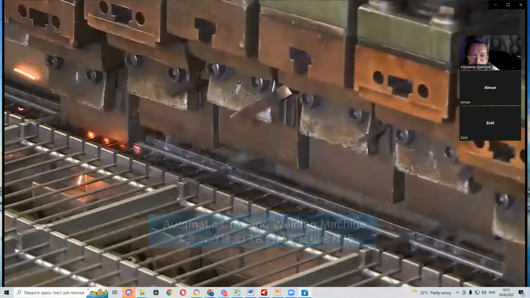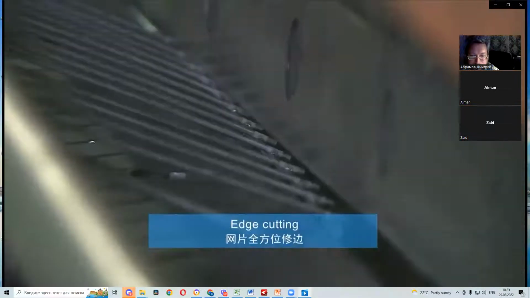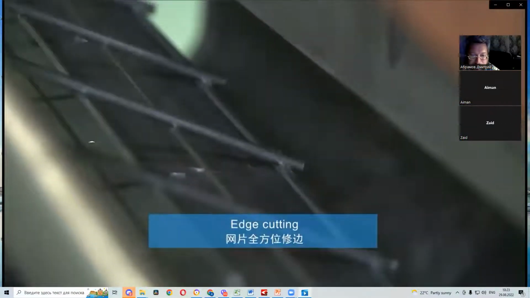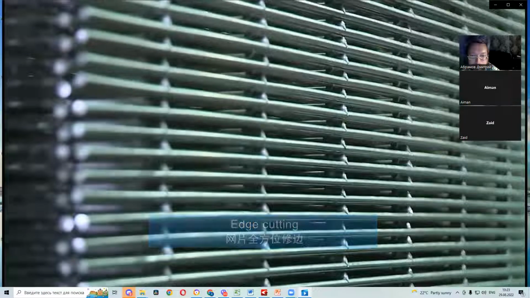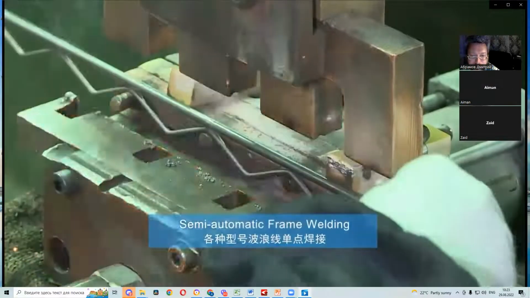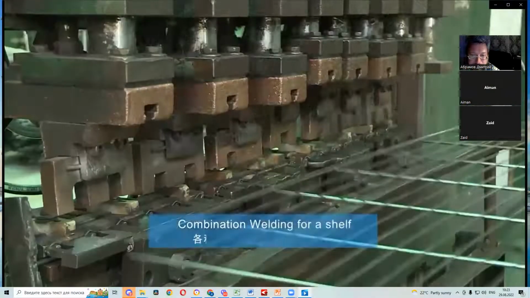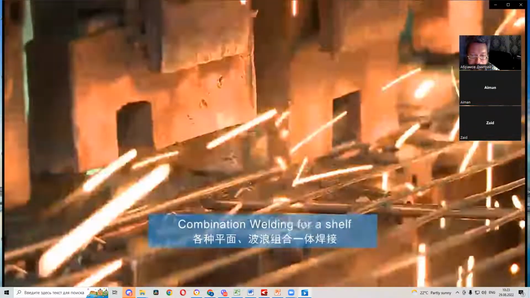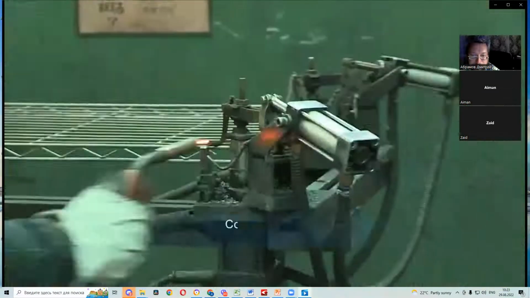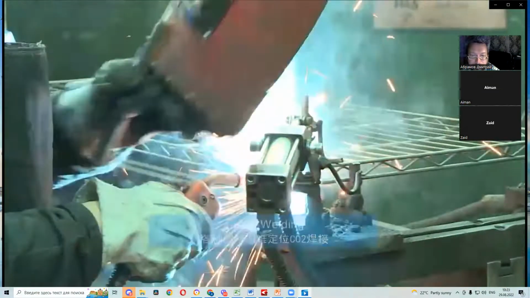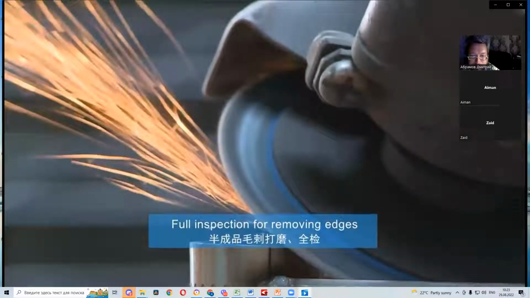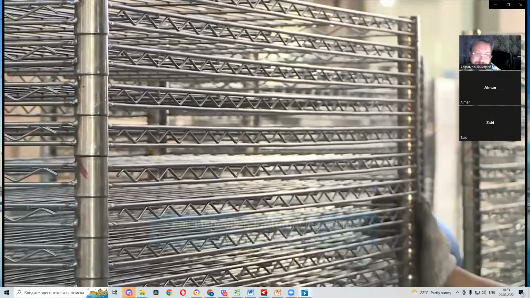Automatic welding. Edge cutting. Semi-automatic flame welding. Combination welding for shelf. Color welding. Full inspection.